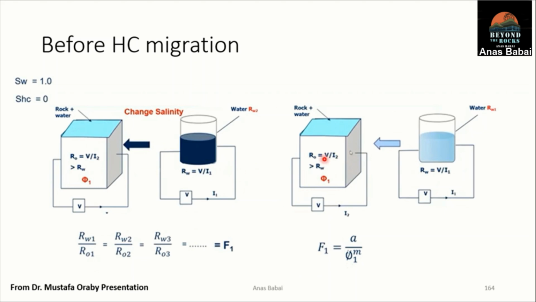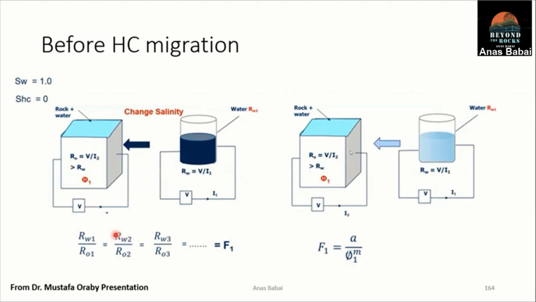He repeated the experiment. He cleaned the rock sample, washed it, and again changed the resistivity of the water simply by changing the salinity, and he measured RW2. It will be different, of course, because we changed the salinity. He repeated the experiment, saturated the rock sample with water, and measured R0.